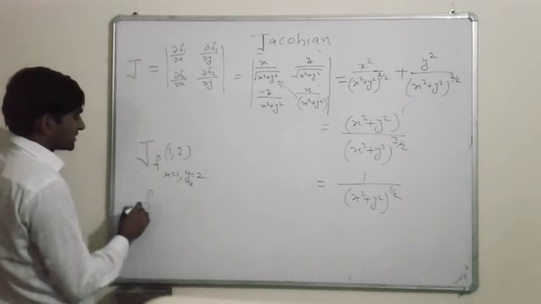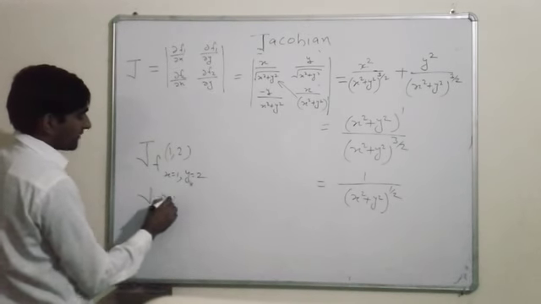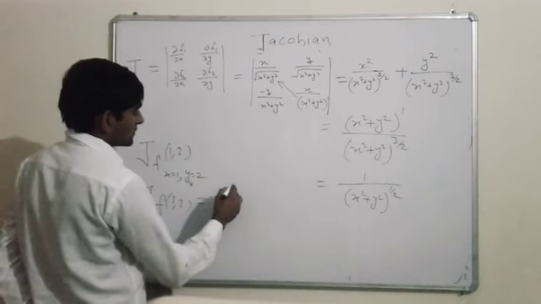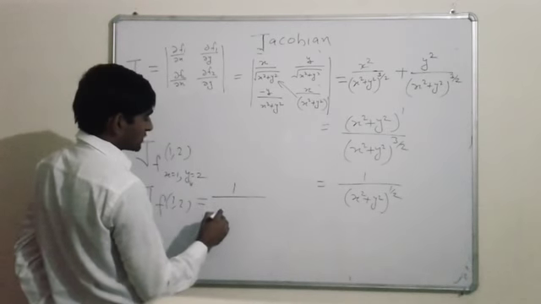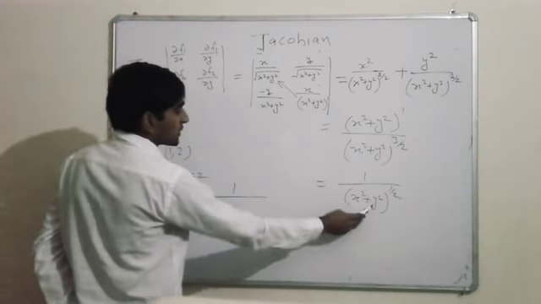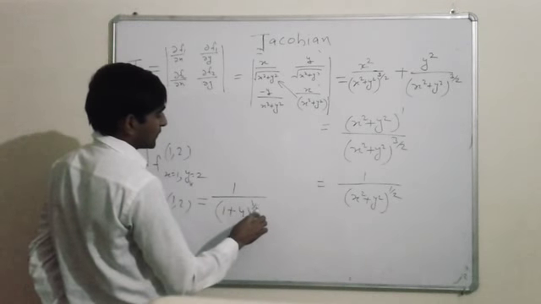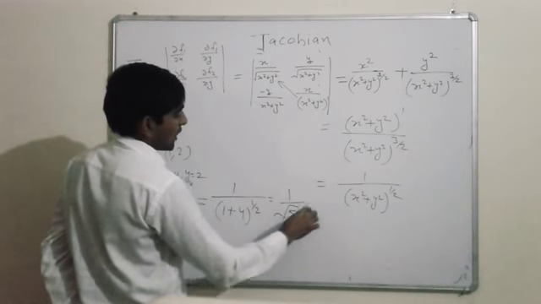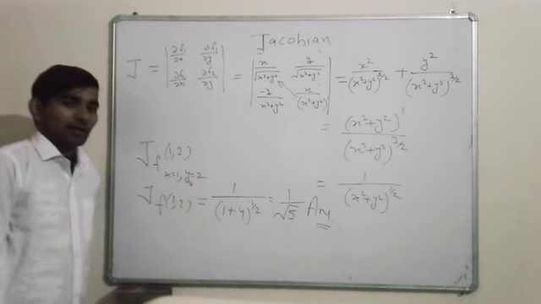So J_f(1, 2) is equal to: put x equal to 1, 1 squared is 1, and y equal to 2, 2 squared is 4, and 1 over √5. So our answer is 1 by root 5, our required answer.